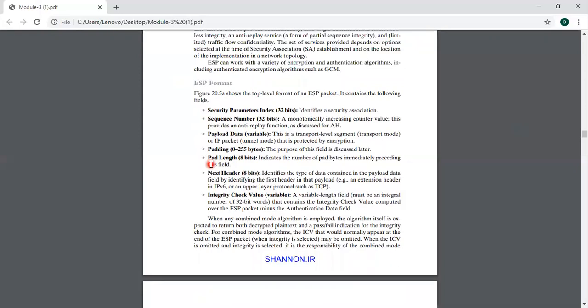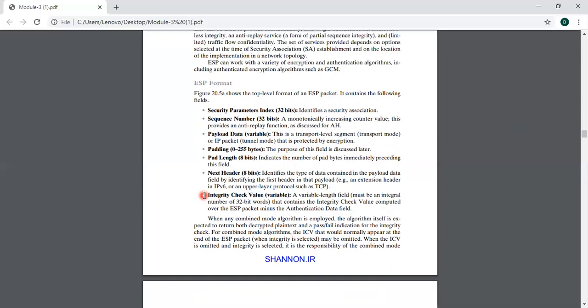Next is next header. It identifies the type of data contained in the payload data field. Payload, as we know, is the actual data, so it identifies which kind of data is contained. Integrity check value can be explained using an equation: ICV equals ESP packet minus authentication data field.